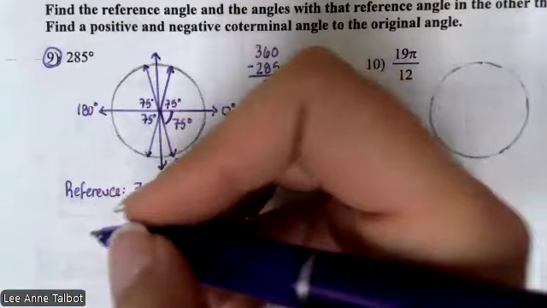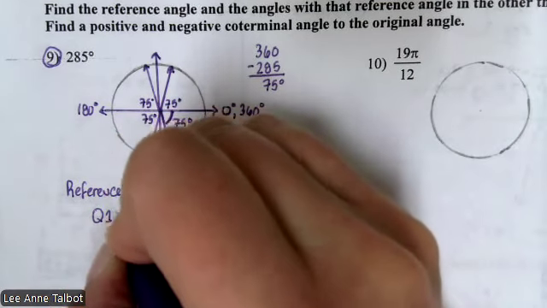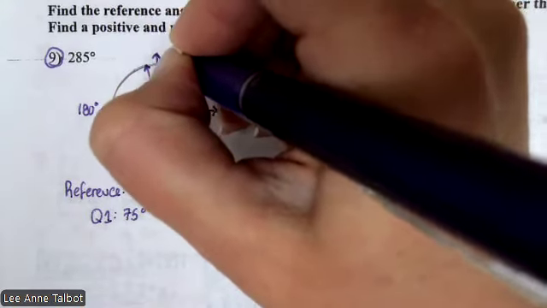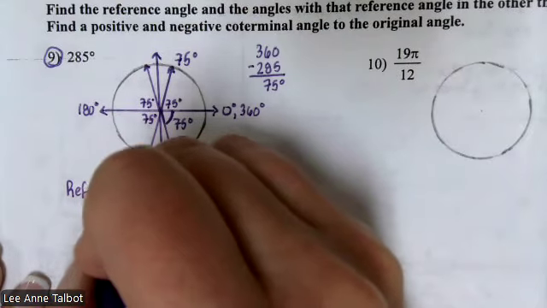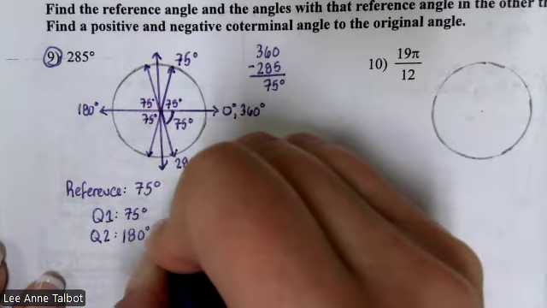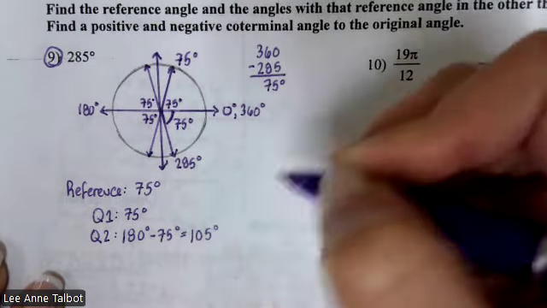Okay, so in quadrant one, my angle is the reference angle, 75 degrees. In quadrant two, my angle is 180 minus the reference angle, which is 105.